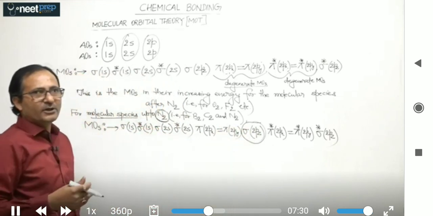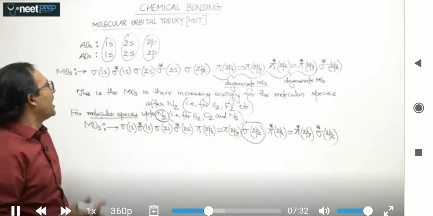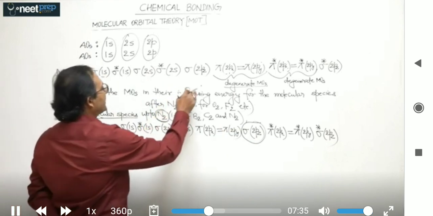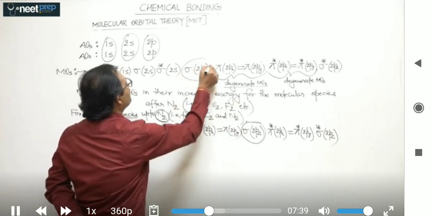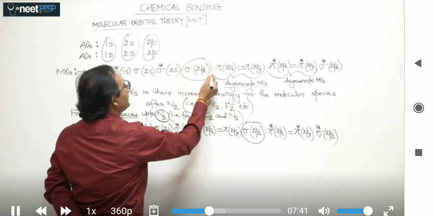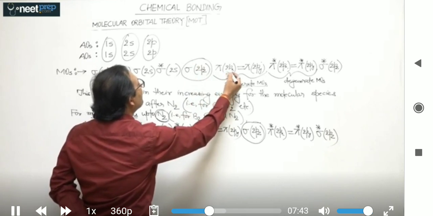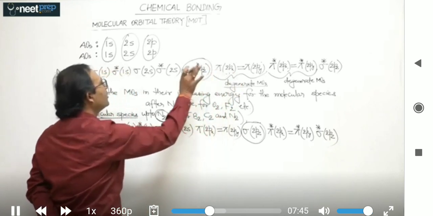But for the molecular species after N2, that is for O2, F2, etc., the energy of sigma 2p is lesser than the energy of pi 2p.